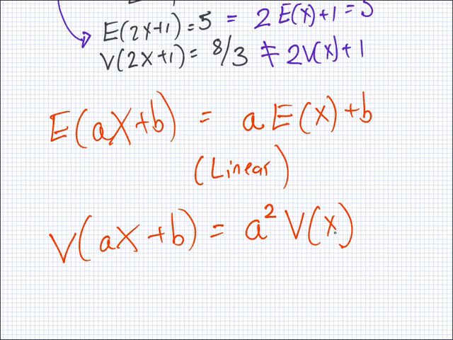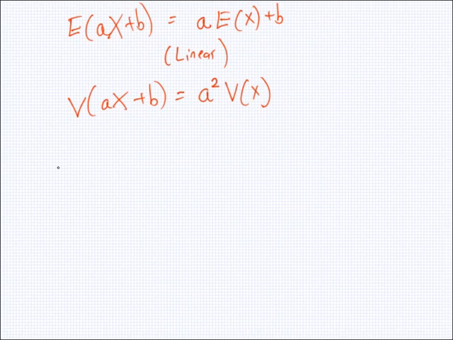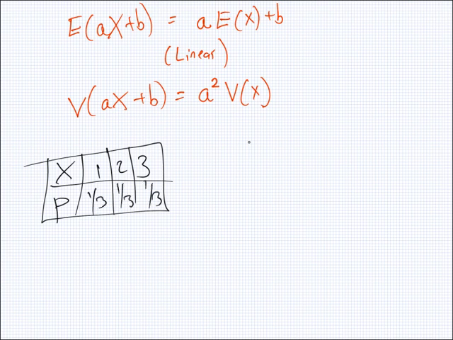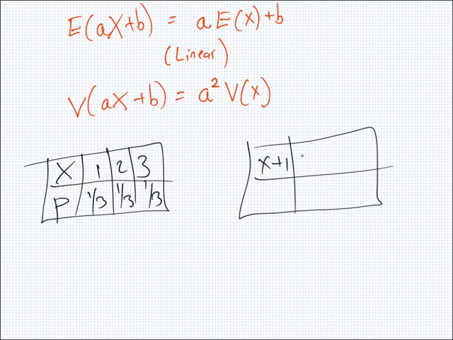So for example, that would mean if I had this table, 1, 2, 3, 1 over 3, 1 over 3, 1 over 3, and this table, X plus 1, so that's 2, 3, and 4.